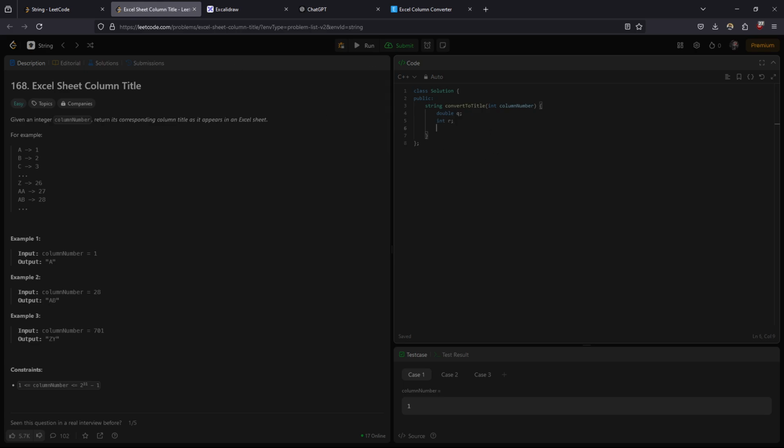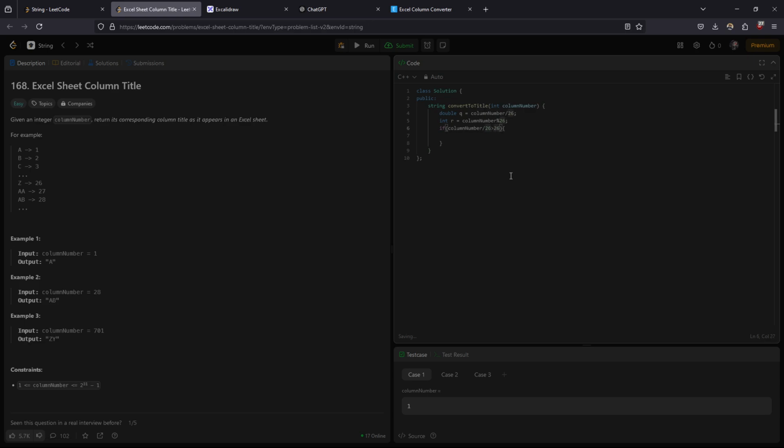Okay, so what we can do is we will divide a number. If the divided number, which is the column number, is greater than 26, what we will do is, before doing that, I think it's better to do this: the column number divided by 26, and the remainder equals the column number percent 26.